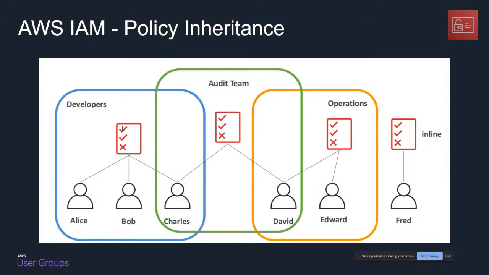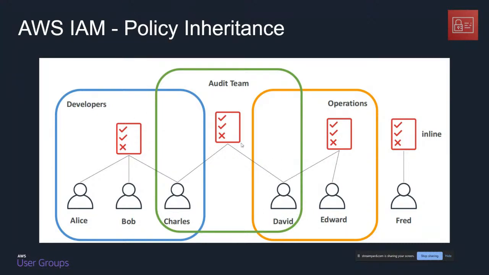For example, if developers have administrative access to S3, let's say S3 colon star, and the audit team only has access to list objects in S3, then Charles would be inheriting both these policies, and the highest amount of access would be applicable to Charles. So now Charles will be able to access S3 administratively, since between S3 read object and S3 star, it is the highest amount of access.